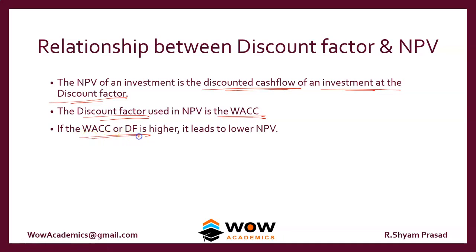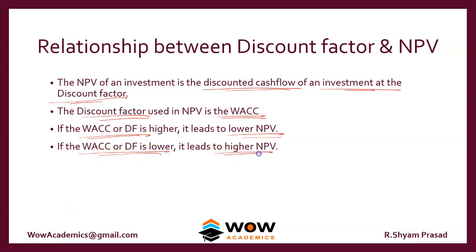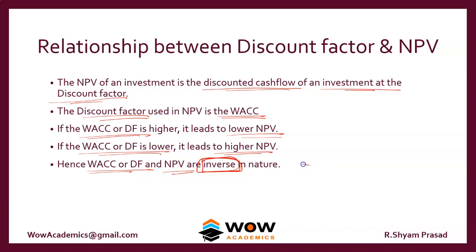If the WACC or the discount factor is higher, that leads to lower NPV. If it is lower, that leads to a higher NPV. Hence, WACC or discount factor and NPV are inverse in nature. Understand this very carefully, because you will be tested on this concept again and again.